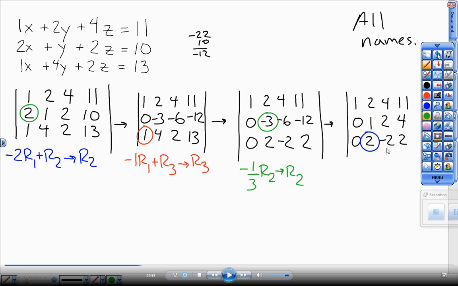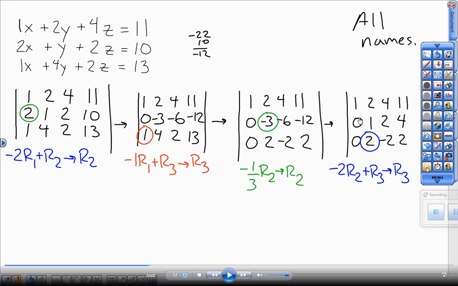Now I'm going to zero out this number right there, because I got my diagonals looking good. I'm going to times the middle row times -2 and add it to this bottom row and put those answers back in row 3. The reason I times this second row by -2 and not the first row is if I take the second row and times this 0 by -2, and add it, it doesn't change the 0.